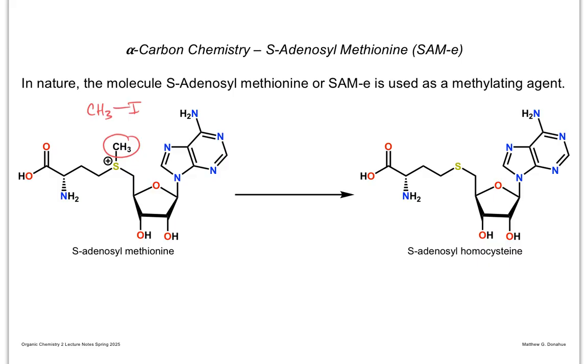So everything bonded to the methyl group is just your leaving group. And then presumably that can get recycled back into SAMe and react again.